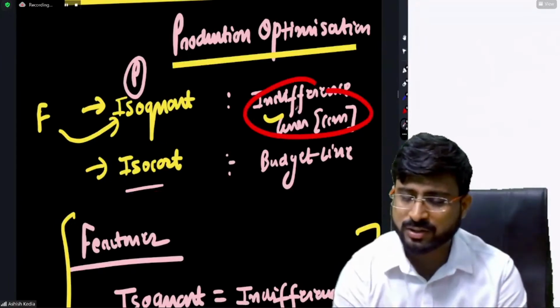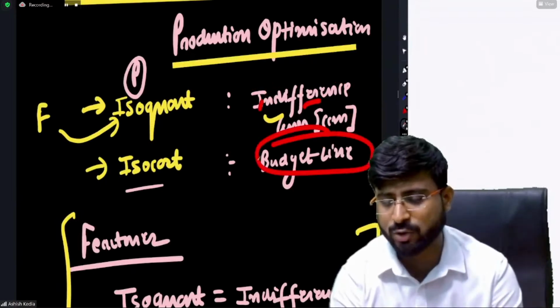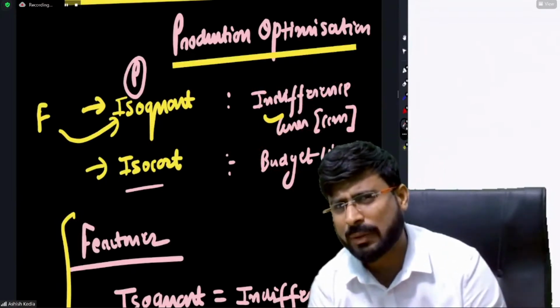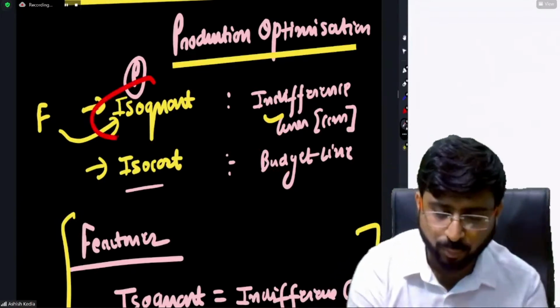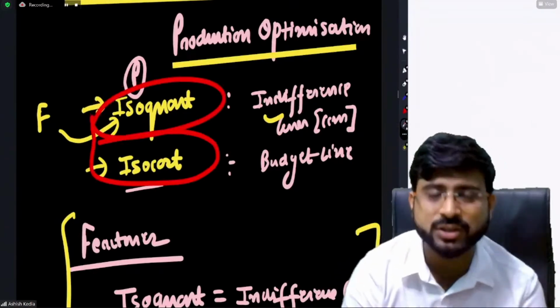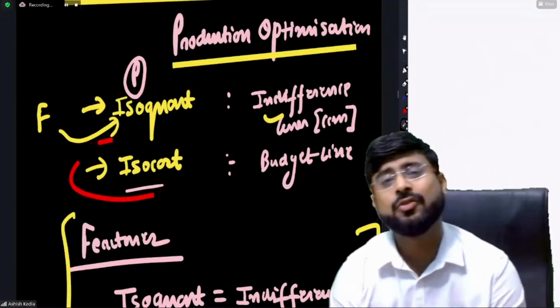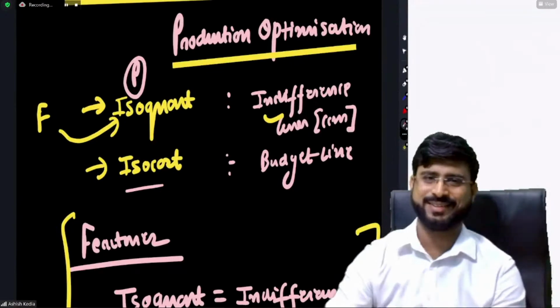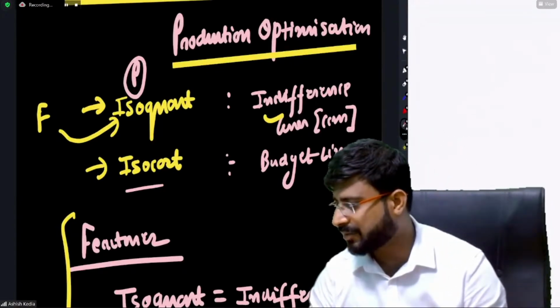You will remember the equilibrium was achieved for consumers when the indifference curve and budget line intersected each other. Do you remember that? Similarly, friends, the point at which isoquant and isocost intersect will give you the equilibrium point. Get it, everyone?